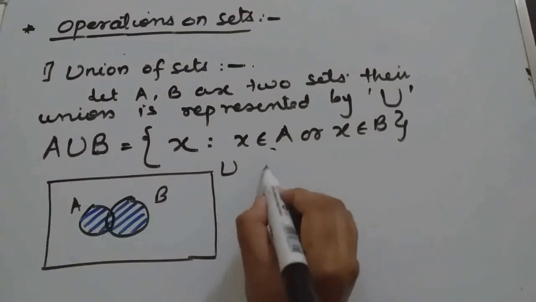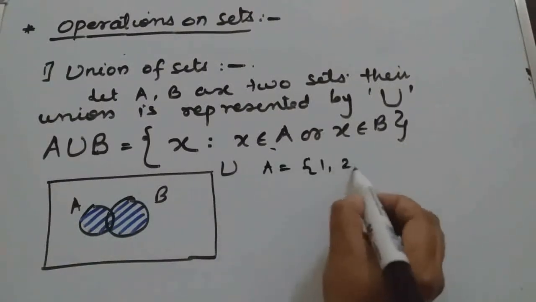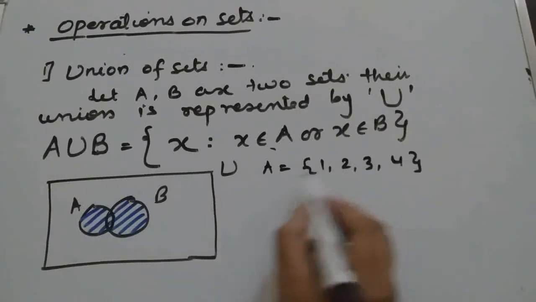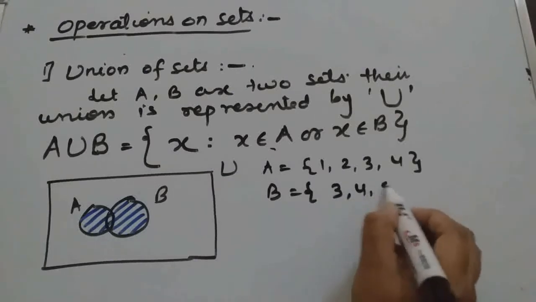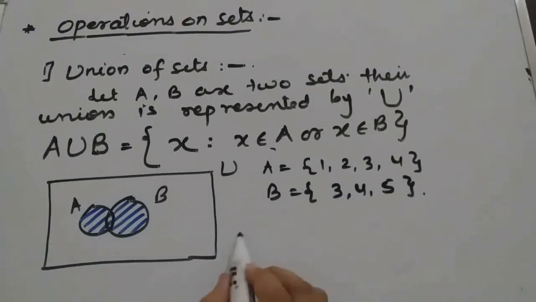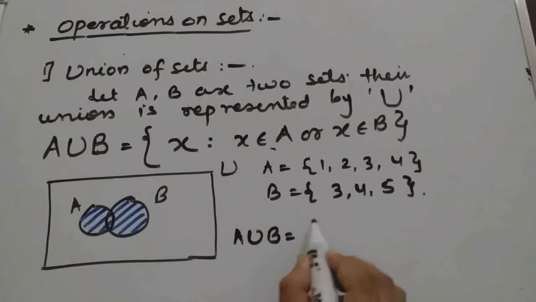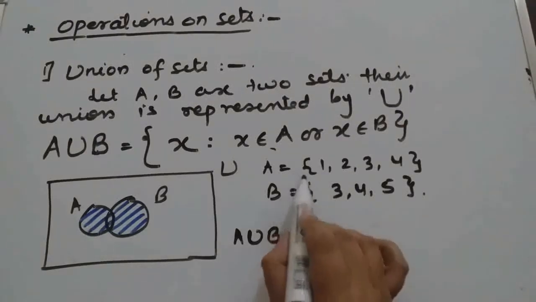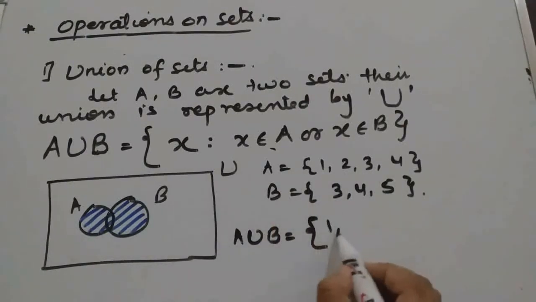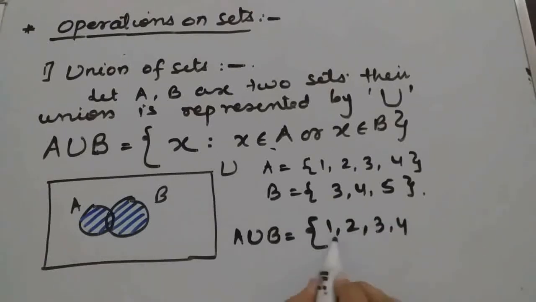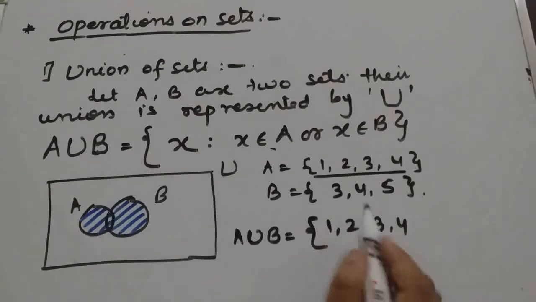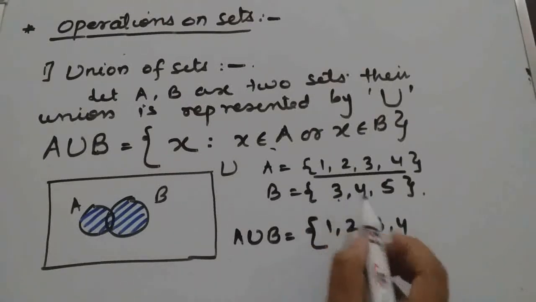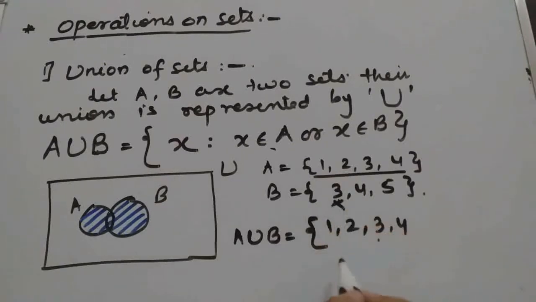Now how can we find the union of sets? Suppose, for example, A = {1, 2, 3, 4} and B = {3, 4, 5}. We want to find A ∪ B. What you should do is write all the elements of the first set, 1 2 3 4. This is the first set A. Now from B write those elements which are not repeating. 3 is already there, so avoid this 3.